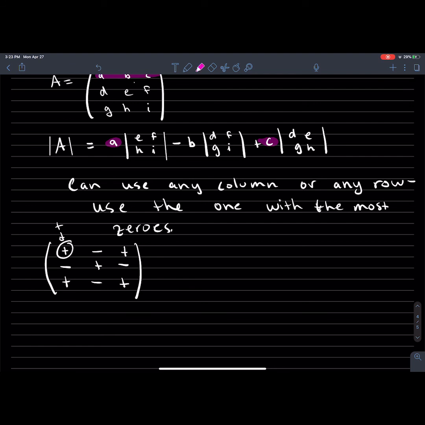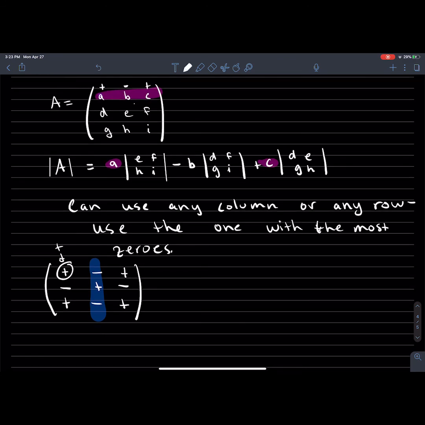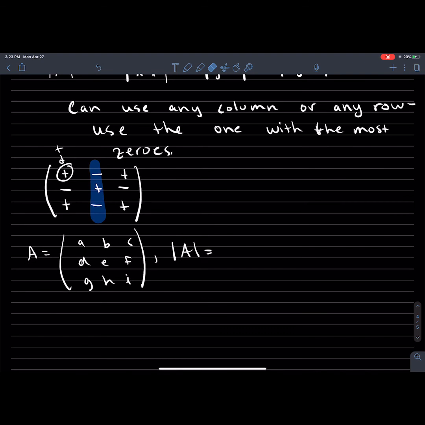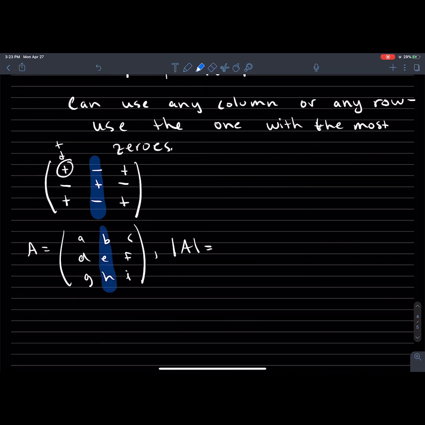Okay, so let's say I have the most zeros in this column. So using A above, I guess I could write it again. Using A, B, C, D, E, F, G, H, I, let's find the determinant of A. And we're going to use, obviously, this column.